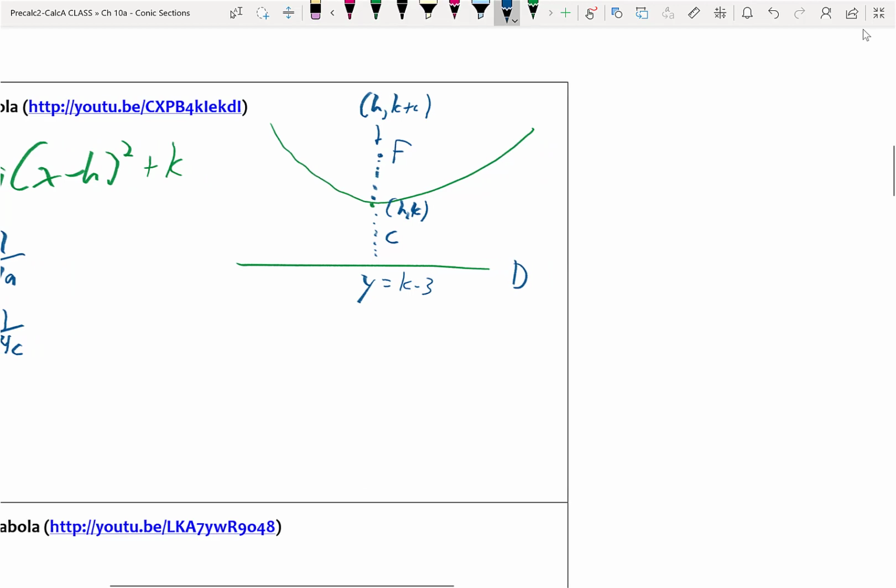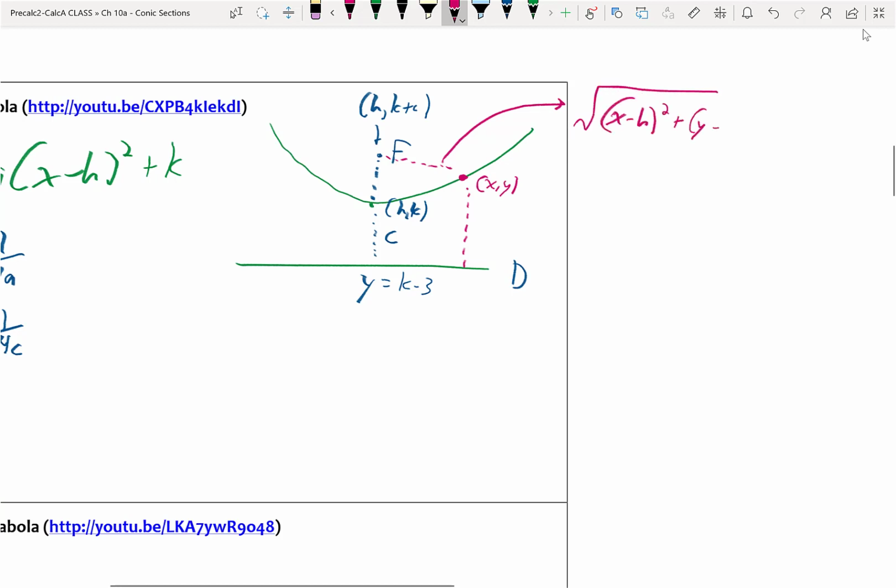And if I pick an arbitrary point here, (x, y), and do its distance from here to here, and I call those congruent, then this distance would have to be the square root of (x minus h) squared plus (y minus (k plus c)) squared, equals, and this distance here would just be y minus (k minus c).